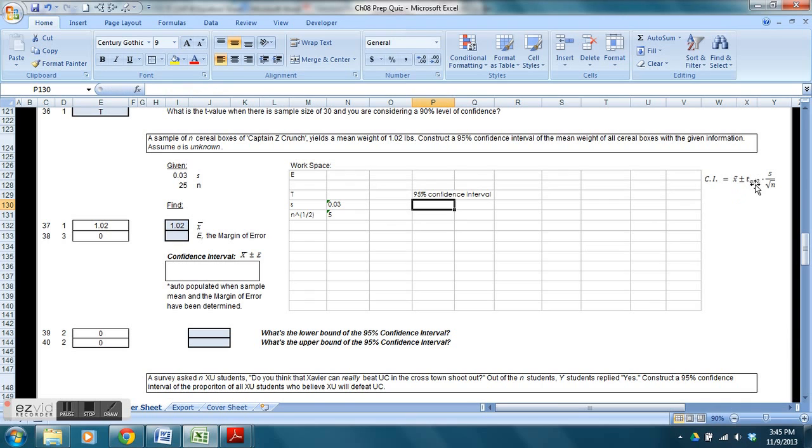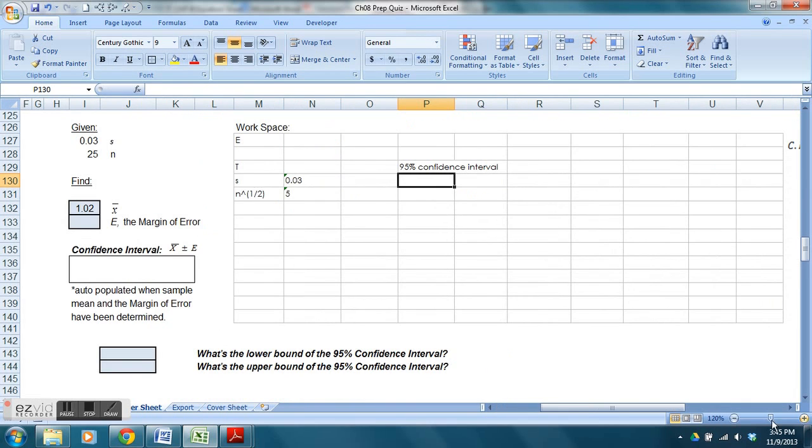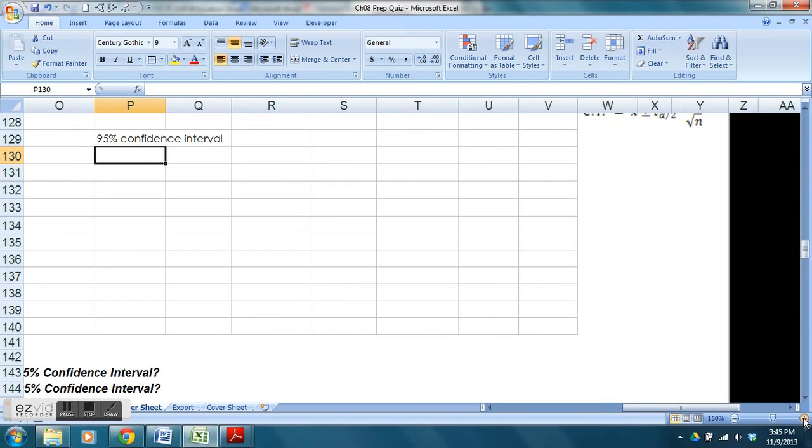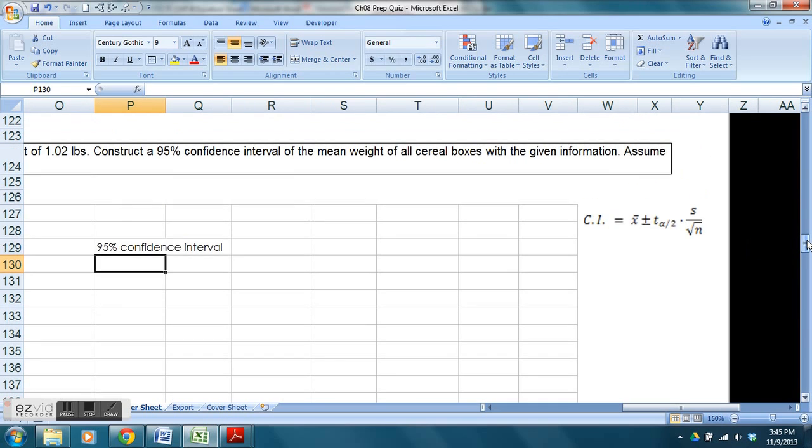Now in this equation, and I'm going to zoom in because this is important, you see this t variable, and in this equation what's used as the subscript to t is alpha divided by 2.